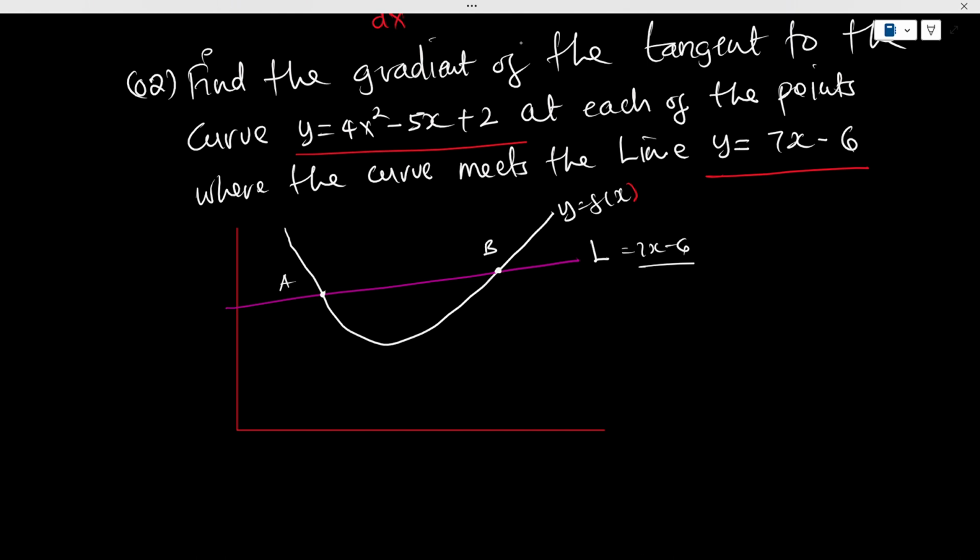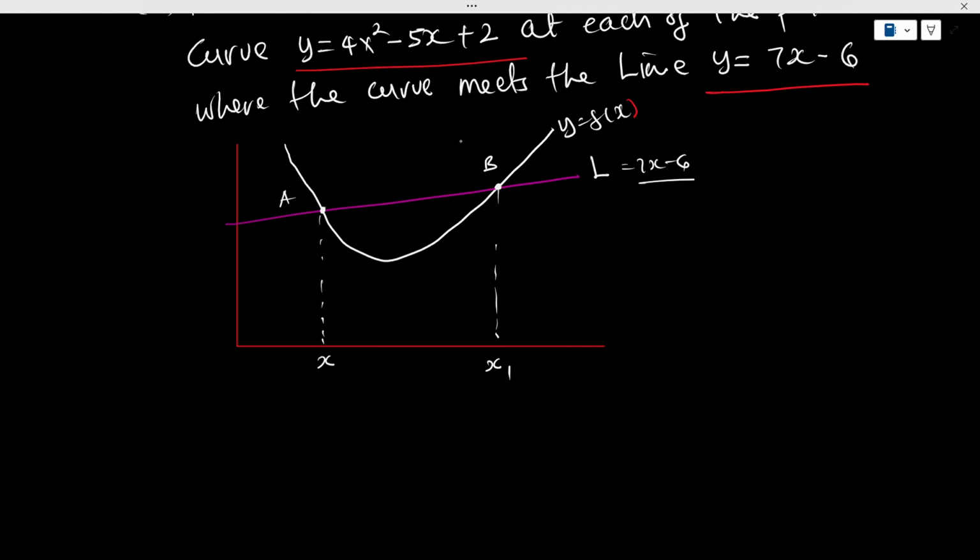But what I want you to know is the value of this line at point A. Let me call this point x0 and this point here x1.